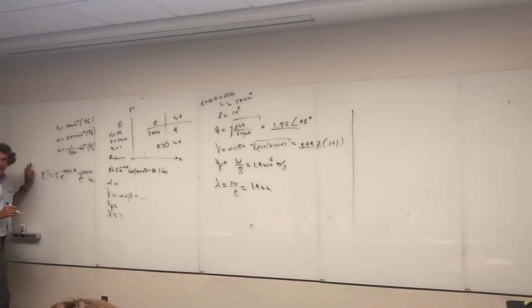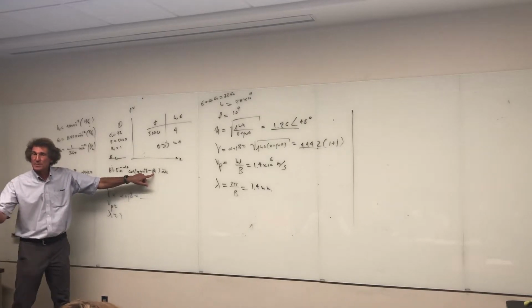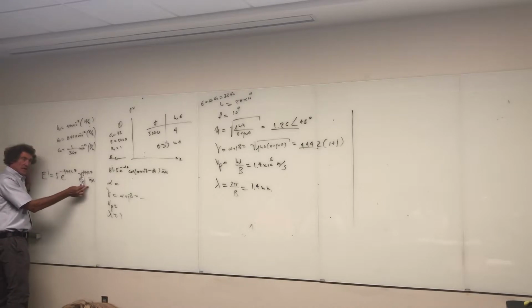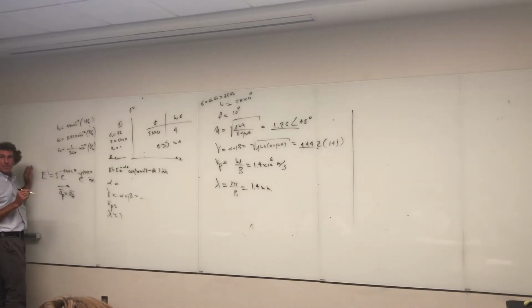Do you all agree with that? Now, by looking at this, you see a minus beta z. It means it's propagating in the plus z direction. Or you could look at this: there's a j beta z, and you can see it's minus j beta z. It's propagating in the plus z direction, so a unit vector in the direction of propagation is a_z. Do we all agree with that?